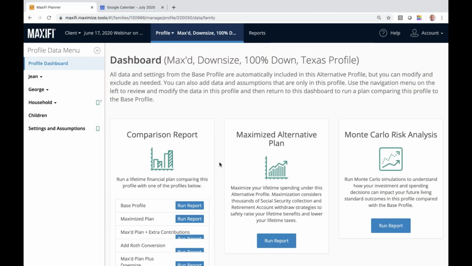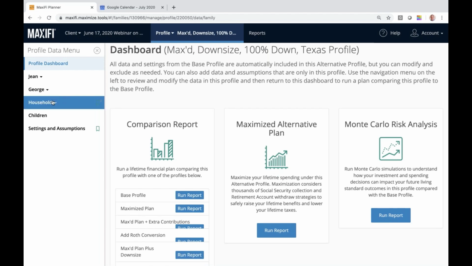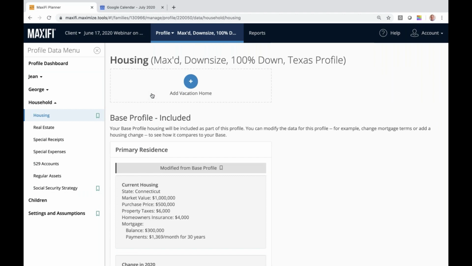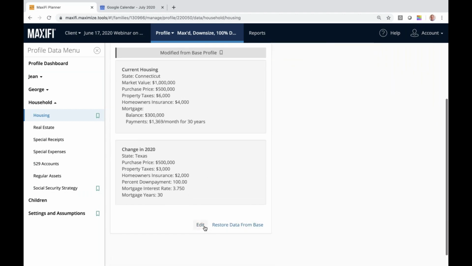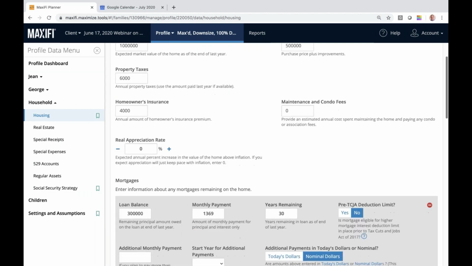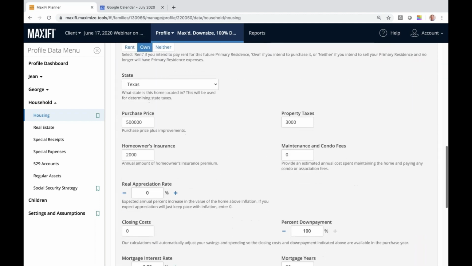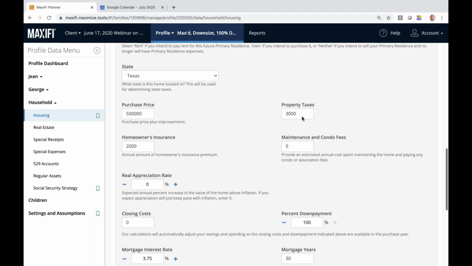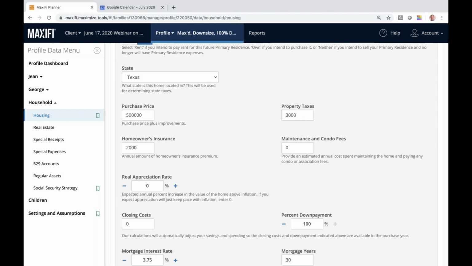Maybe it has higher property taxes. So when you're thinking about buying a house in Texas, in this new house you have a space to put in property taxes right here. I'm assuming that they're half of what they were in Connecticut, but maybe they're the same as in Connecticut because they're so much higher. So you put in whatever the number is.